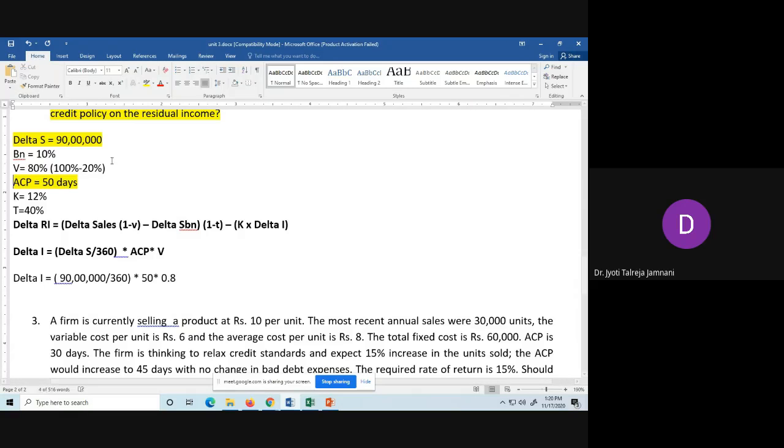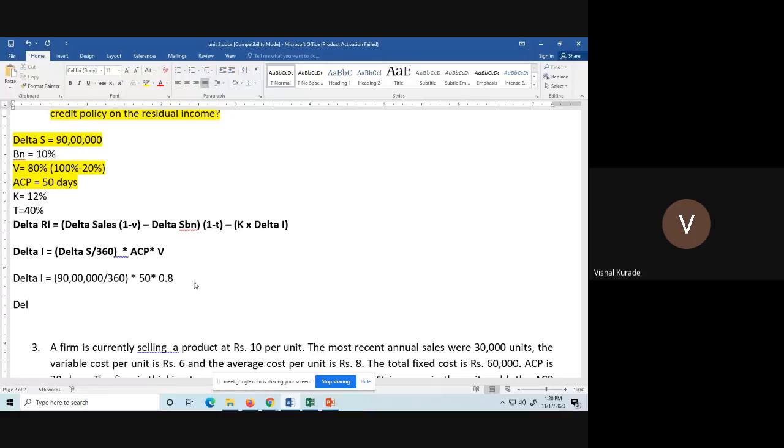So 90 lakh divided by 360, how much you get? 25,000. Then you multiply it with 50 and then multiply it with 0.8. 10 lakh is the answer. So your change in investment, that is delta I, is 10 lakh rupees.